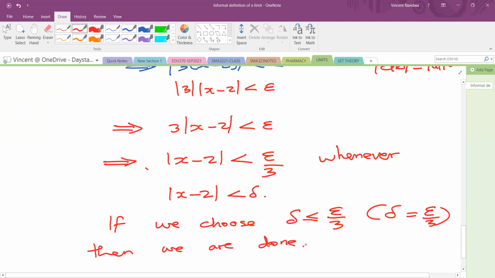Or it's as good as saying that if we pick delta to be the same as epsilon over 3, then the given limit is proven to be a true limit.